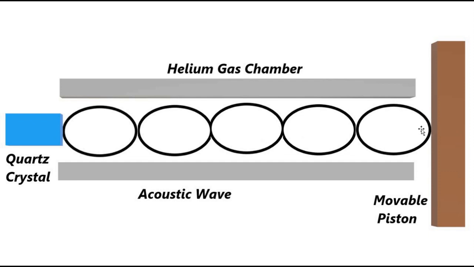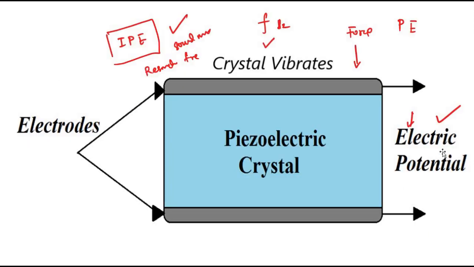Then on striking the piston, the sound wave returns back, and again using the piezoelectric principle, the pressure generated by the sound wave on the crystal produces an electrical potential. That's how we know that the sound wave has returned and struck the piezoelectric crystal.